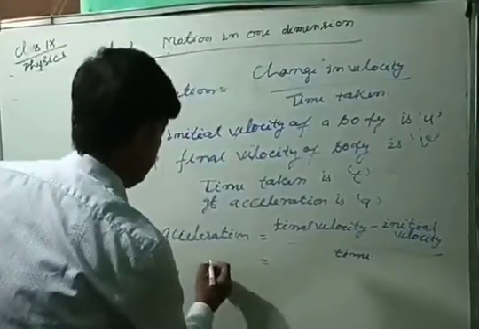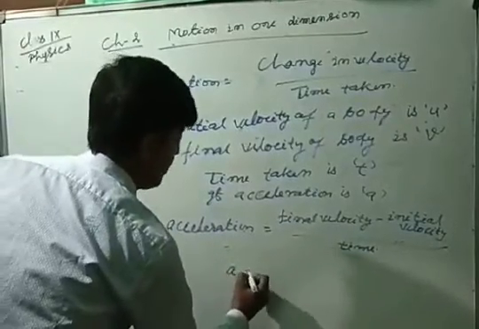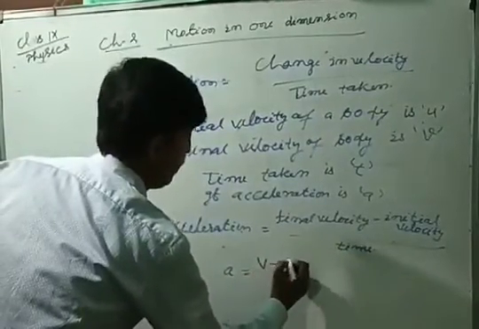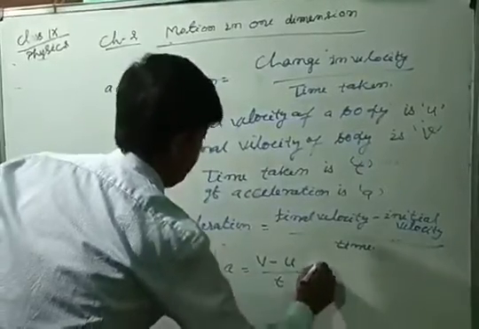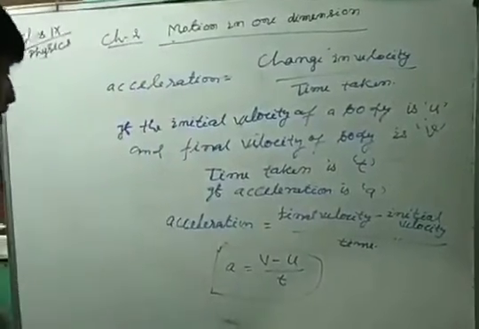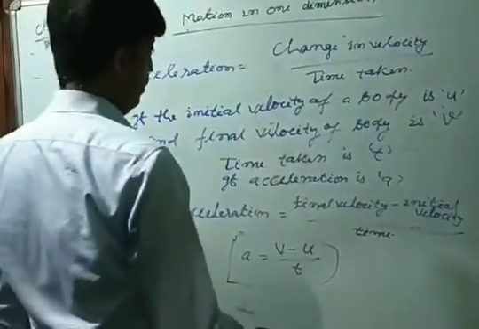So the formula of acceleration is a equals v minus u by t.